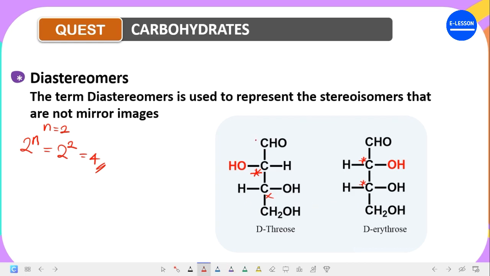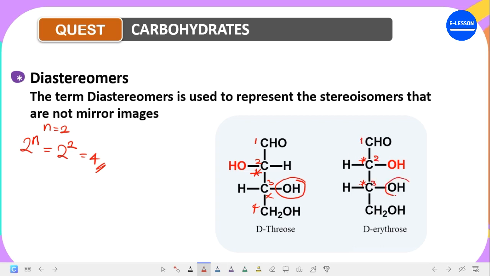This OH group, this is 1, 2, 3. And here is what? 4. We say the penultimate carbon is used to determine, right? So penultimate here is second to last, which is the third carbon. So in this case, the third carbon here is what should determine if they are enantiomers or not. Now, if you look at this also, 1, 2, 3.